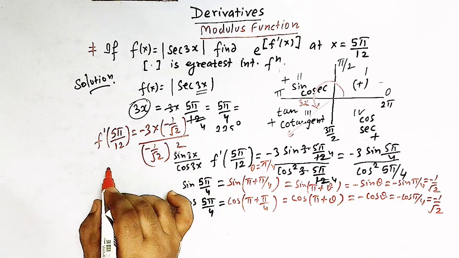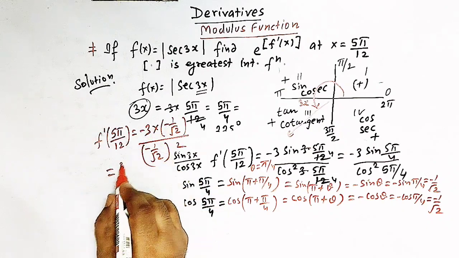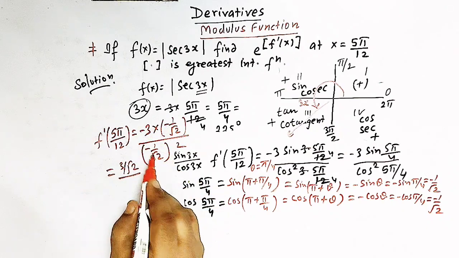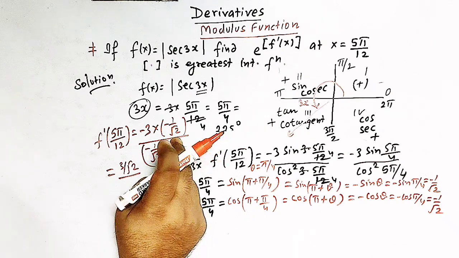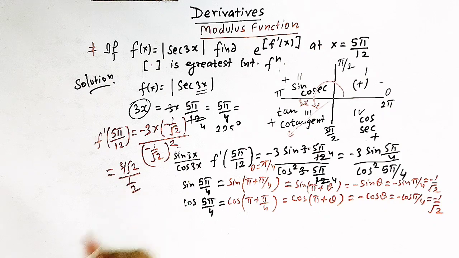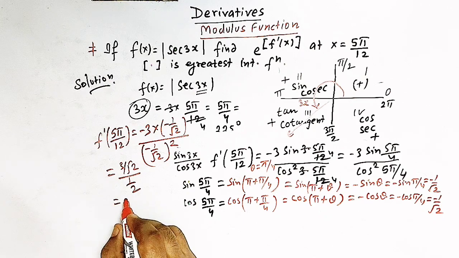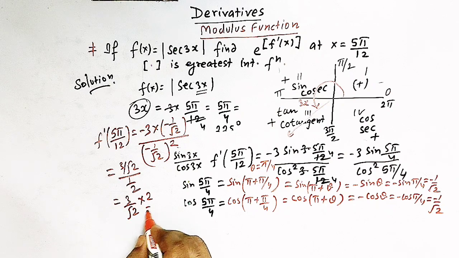And here we have cos square 5 pi by 4, so we have minus 1 over square root of 2 square, right? Okay, so now this is minus times minus plus, so we have 3 by root 2, and this is minus 1 over root 2 square. So we have here a 1 over 2, right? So this is 3 over root 2 times 2, and that is 6 over root 2.